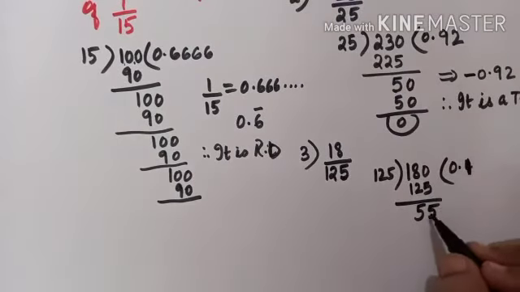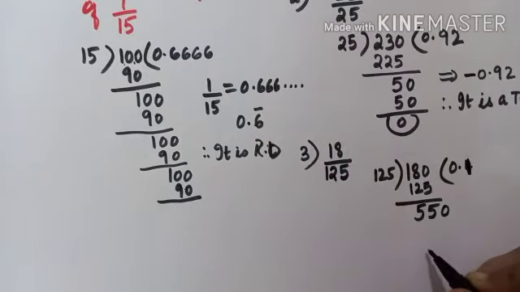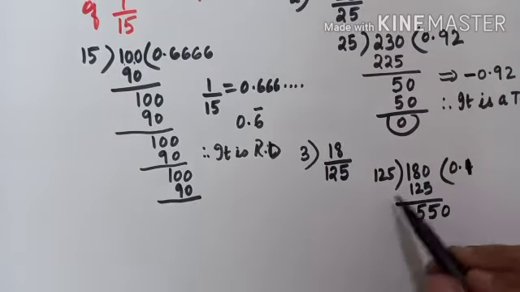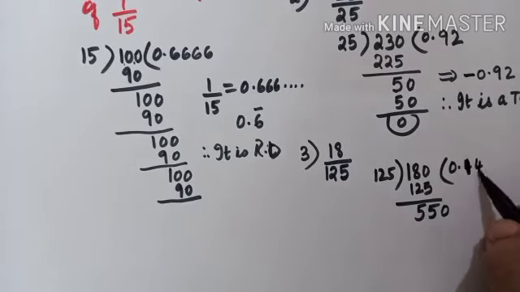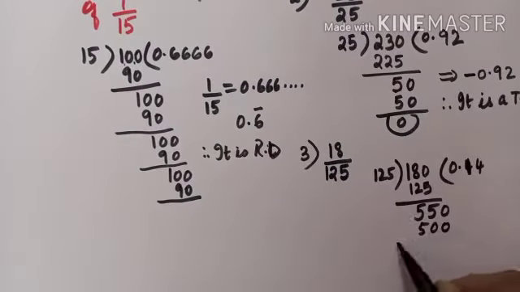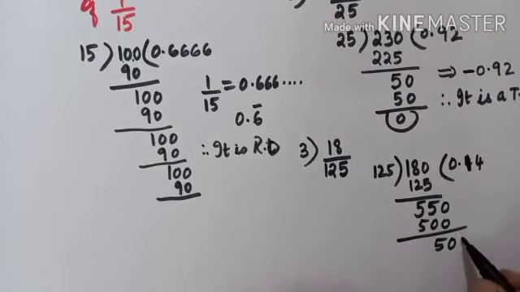Okay, so here we have 55, so again one more 0 you are adding. So after that, in the 125 table, 550 you have to check, or the nearer number to 550. So 125 4s is 500. So here you will get 50, then again one more 0 you're adding here, then again 125 4s is 500.